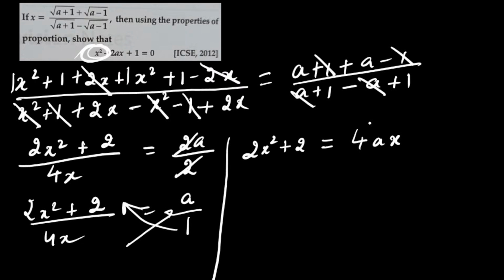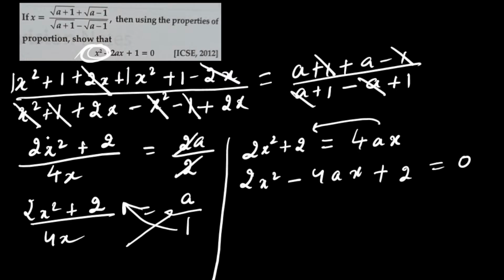Now let's shift this also to this side. So what we have got here: 2x square plus 2. I'll just write here minus 4ax, I'm shifting, then plus 2. In this order, let's write. Now if any common factor is there, we can see 2 is common. Yes, Aditya, we can take 2 common here, and simplify it.